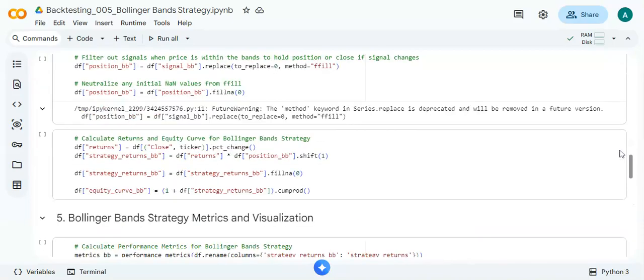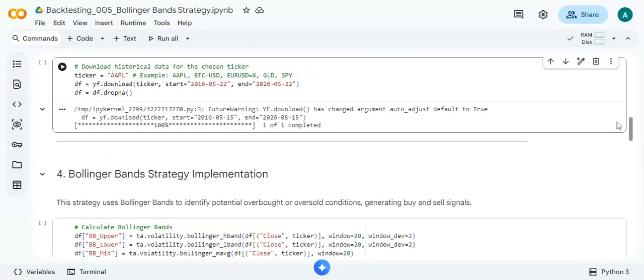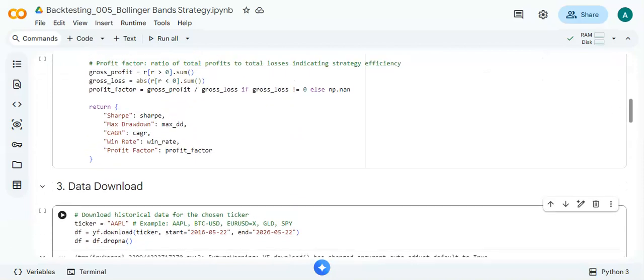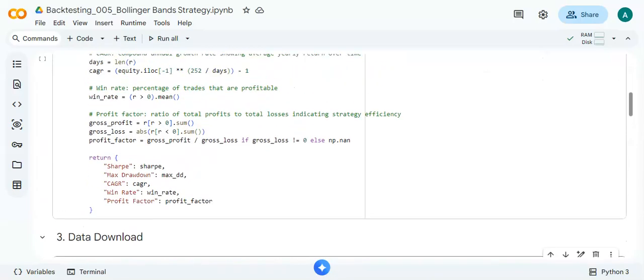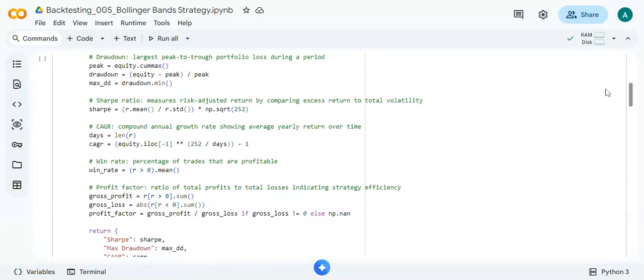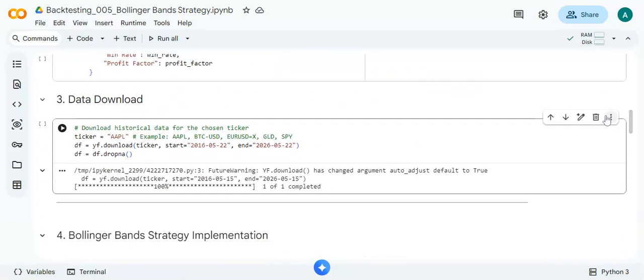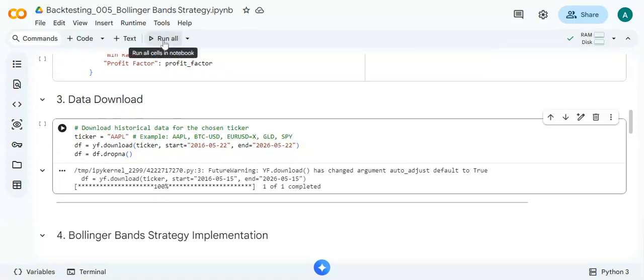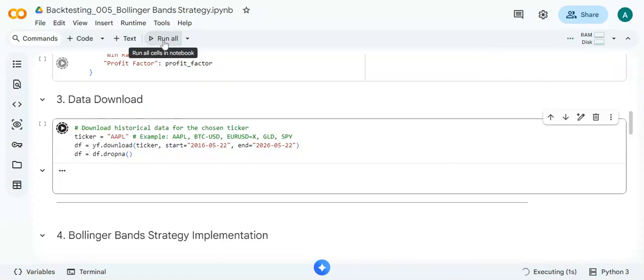But just to remind, without an explanation of the code, it would be hard for you as a viewer or a trader to see the logic of the backtesting. So now that I've explained, let's run it for Apple stock, and then we will do it for S&P 500. I already turned on my environment here, and I just click run all, and we need to wait a bit to see the results.